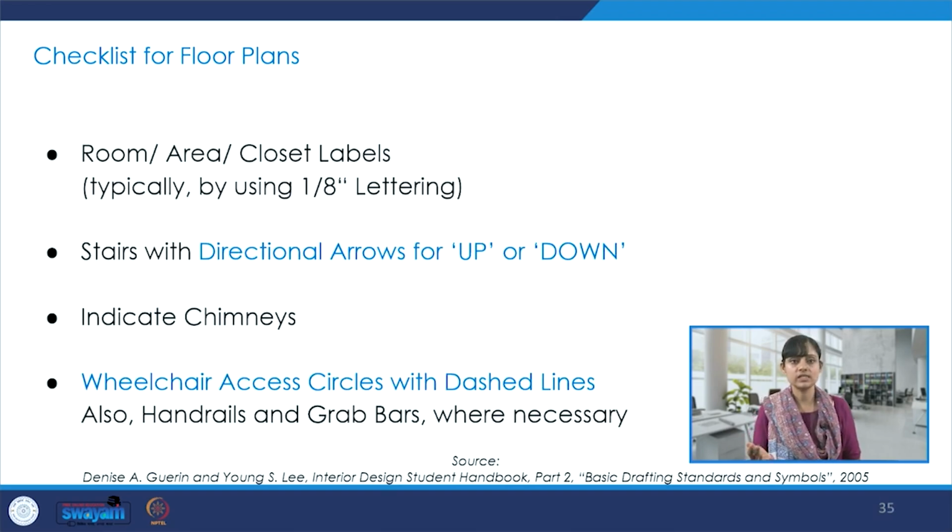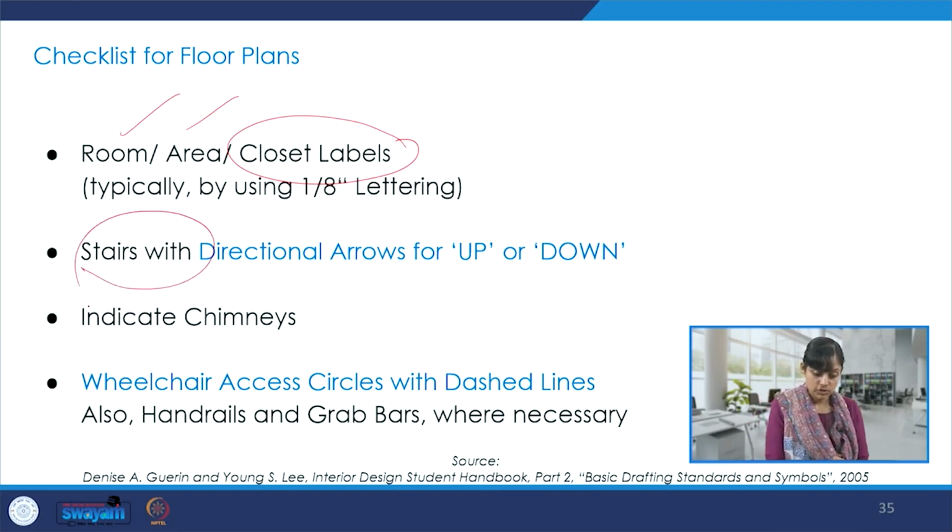And of course then the different rooms and different spaces within the drawings that we have produced, what are those different spaces that we have demarcated, the positioning of the staircases, and then giving the directional arrows which show the up and down, which side the staircase is leading us to.